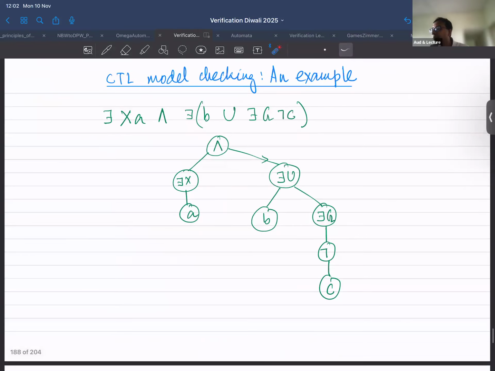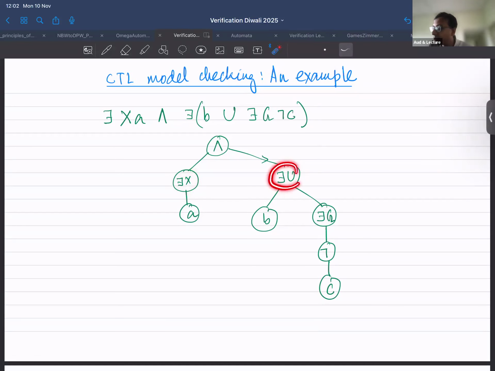I think this is an example which we possibly saw, I don't recall, maybe in the last class. If you are given such a formula, you see that we have a conjunction, and the nodes here correspond to state formulas.